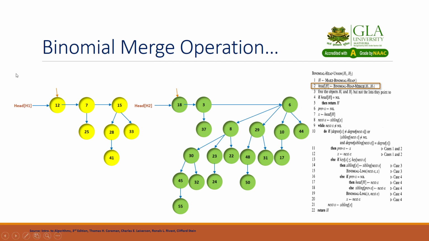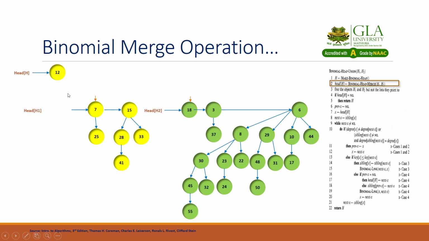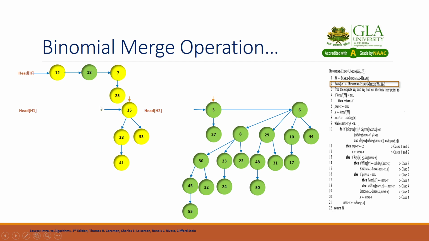First we compare the order of 12 and the order of 18, which is the same, so you can arrange either first. We are taking 12. After this your pointer will move to 7, and now we compare the order of 7 and the order of 18. The order of 18 is smaller, so we add 18 first. After that, the pointer S2 will point to this one, and the order of this one and this one are the same. First we add this one because we started with the first element from heap 1. You can also take from heap 2.